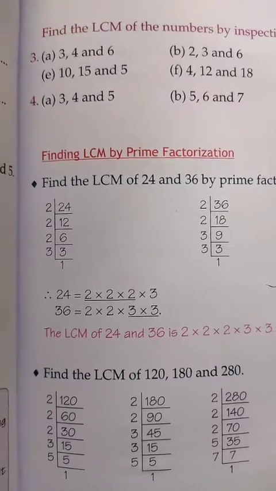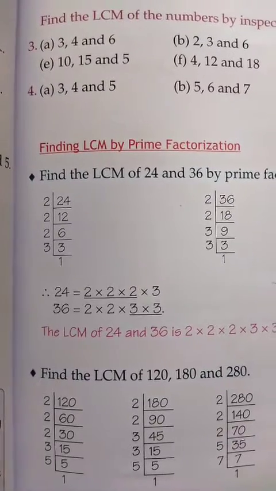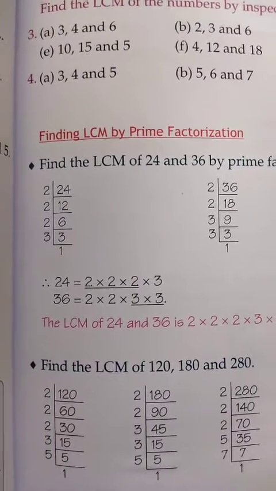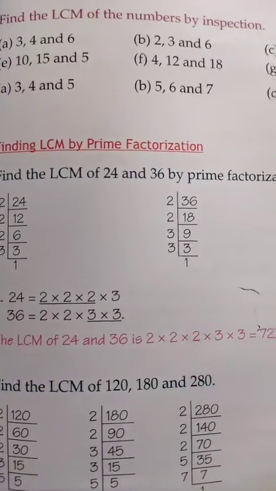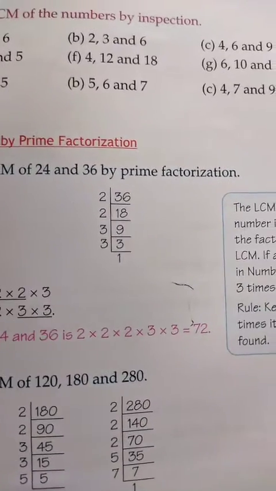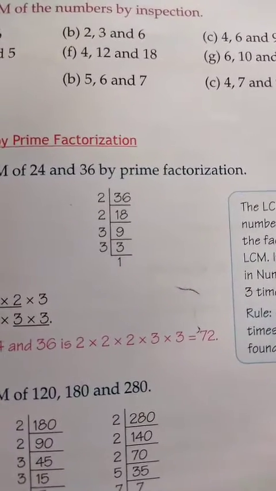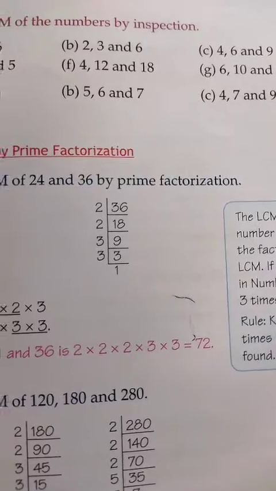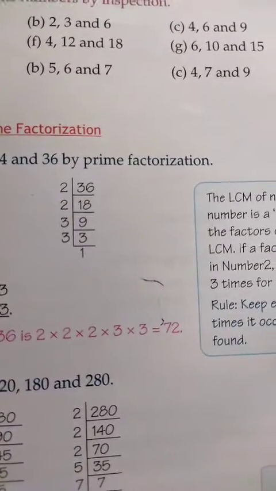Below 60 there is no number which comes in all three tables. So 60 is the least common multiple, that is LCM. Only by seeing and thinking, you have to write the answer directly. There is no solution for these questions. Think and write the answers directly. Hope you can do the whole exercise as your homework.